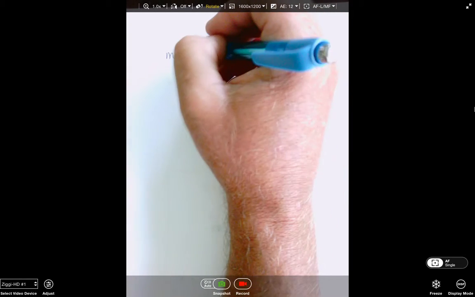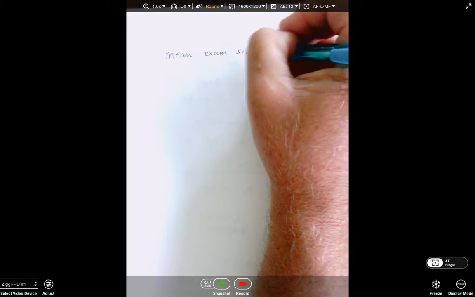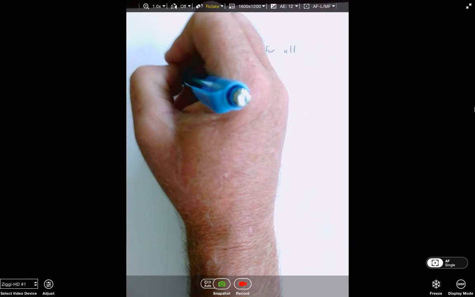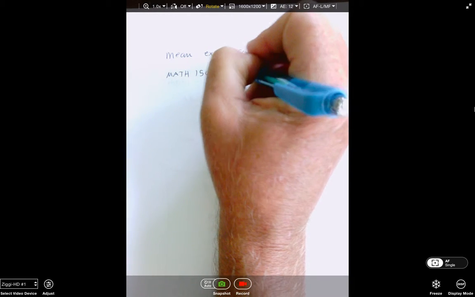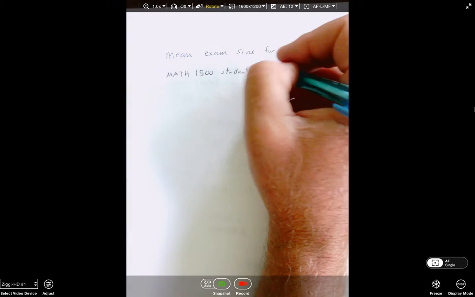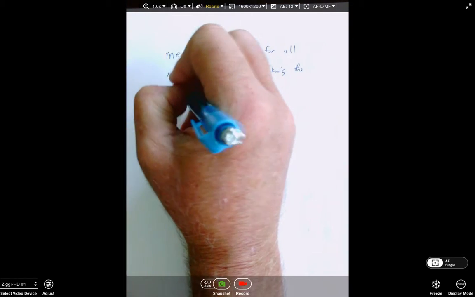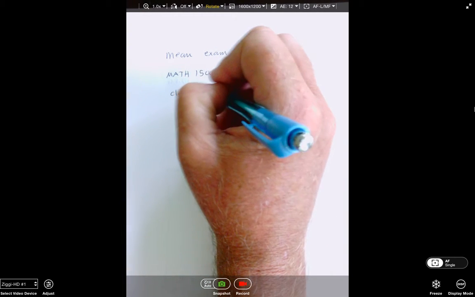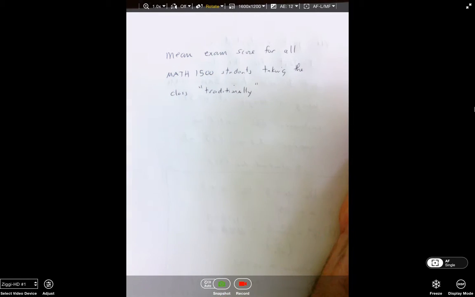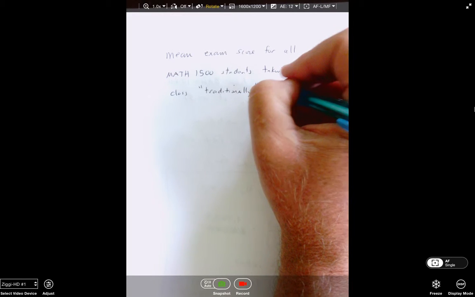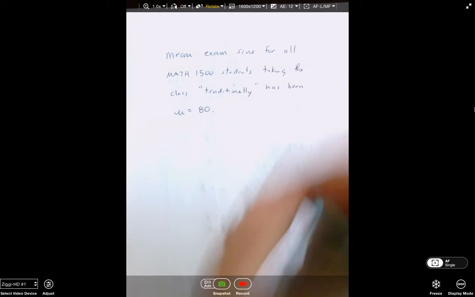So the mean exam score for all Math 1500 students taking the class traditionally has been mu equal 80.